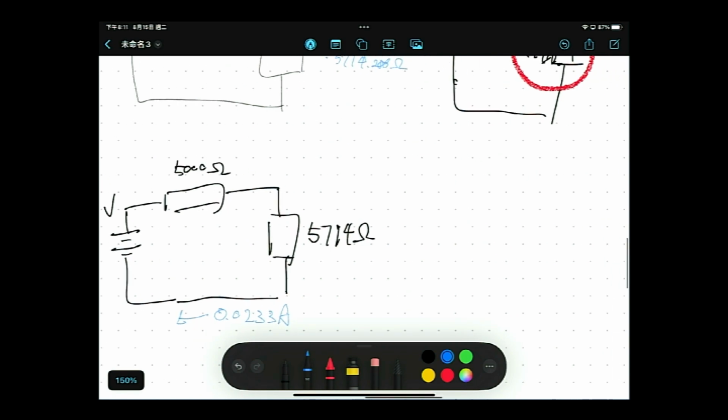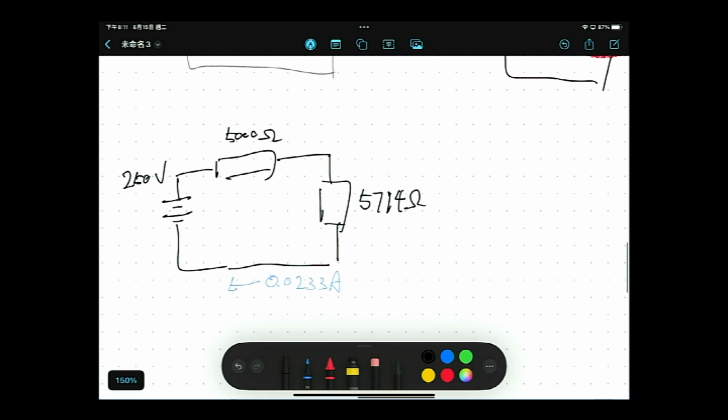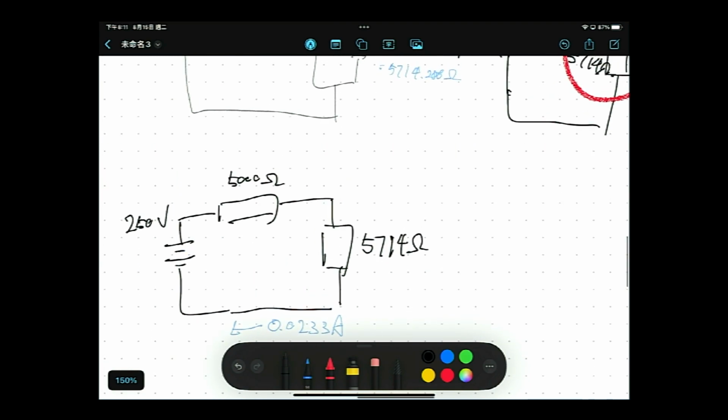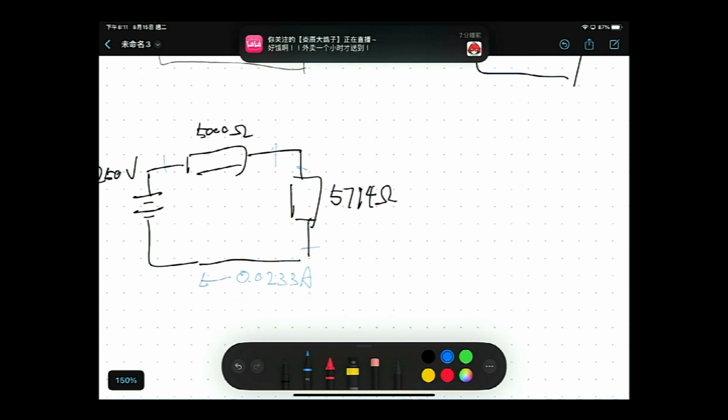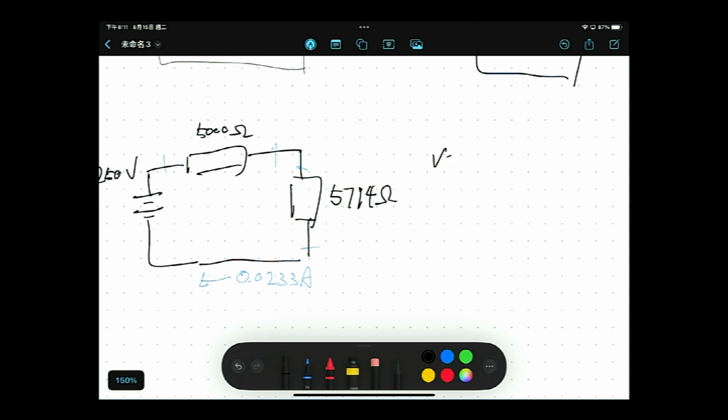Once again, V equals I times R. By Kirchhoff's current law, the total current of 250 is the current on these 2 points plus these 2 points, right? Here is because of V1, here is because of V2. So to calculate it, once again we make use of V equals I times R.